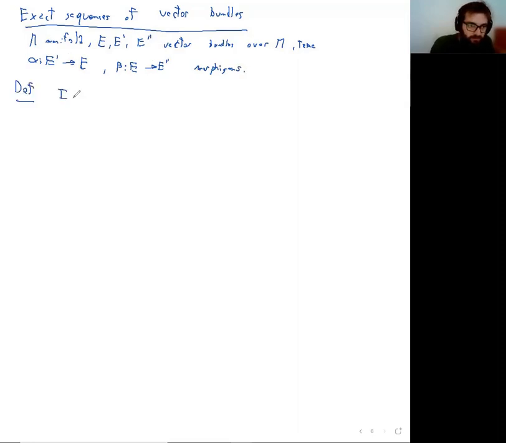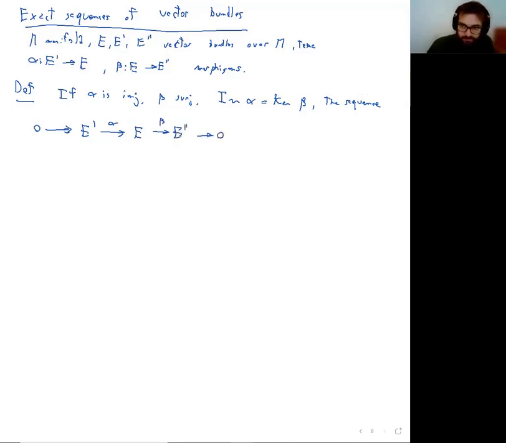And we define that if alpha is injective and beta is surjective, and the bundle image of alpha is equal to the bundle kernel of beta, the sequence 0, E prime, so this is just the injection, alpha, E, beta, E second, 0, is a short exact sequence.